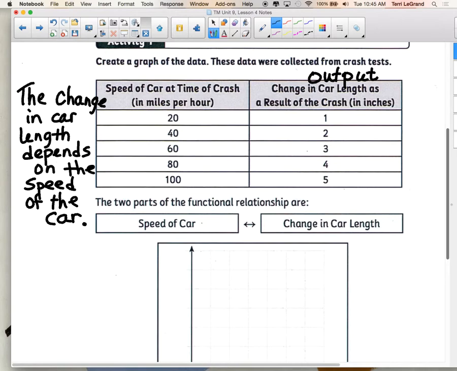So again, we have to make sure that we can understand how to compare the relationship. What is the input? What is the output? What depends on what? So the input causing the result is the speed of the car.